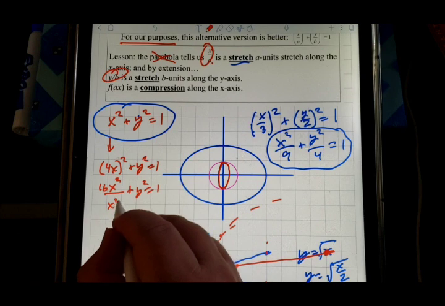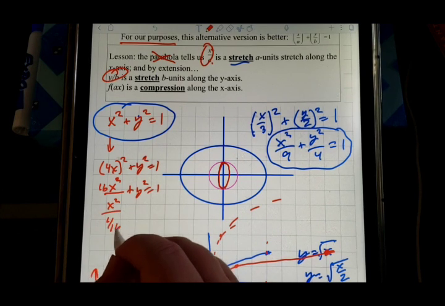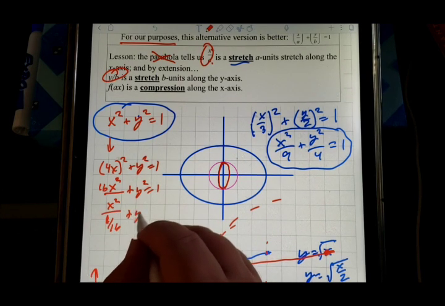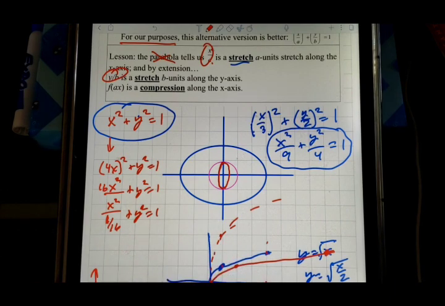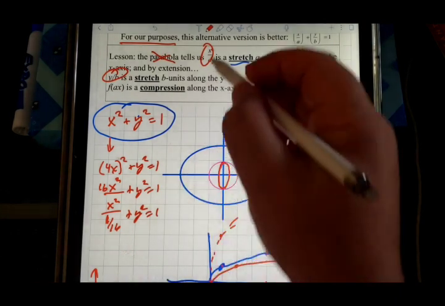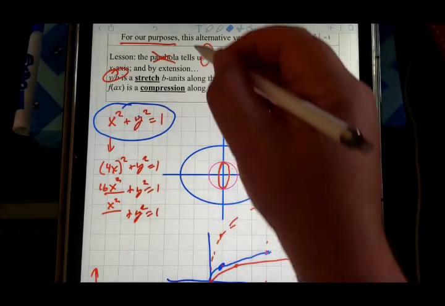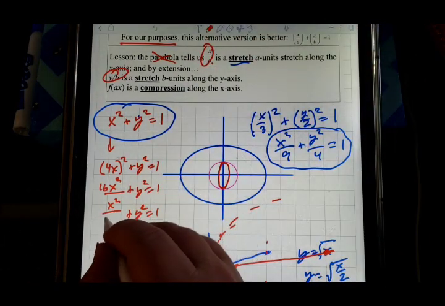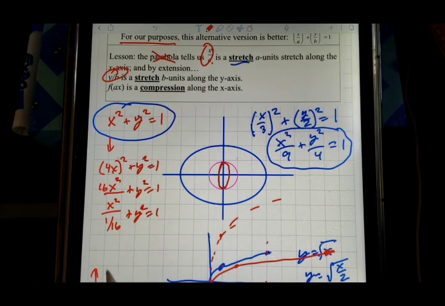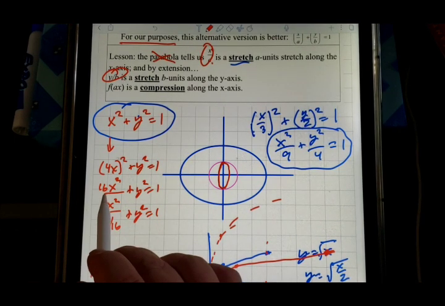And then we think of that as x squared over 1/16. This is a good example of what I mean by the slow way of thinking being really numbery. Why am I doing this whole x squared over 1/16 when it was 16x squared?